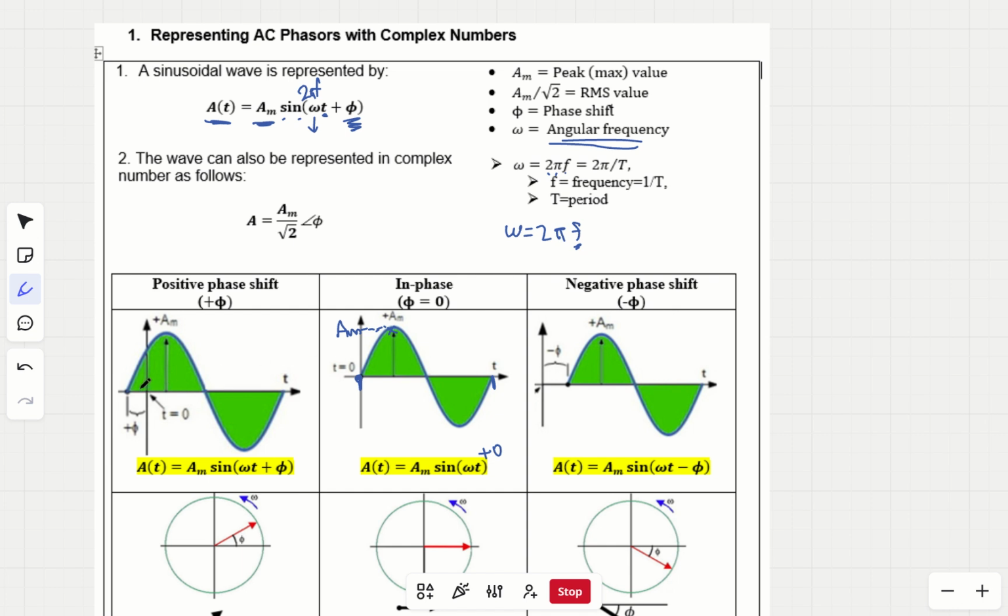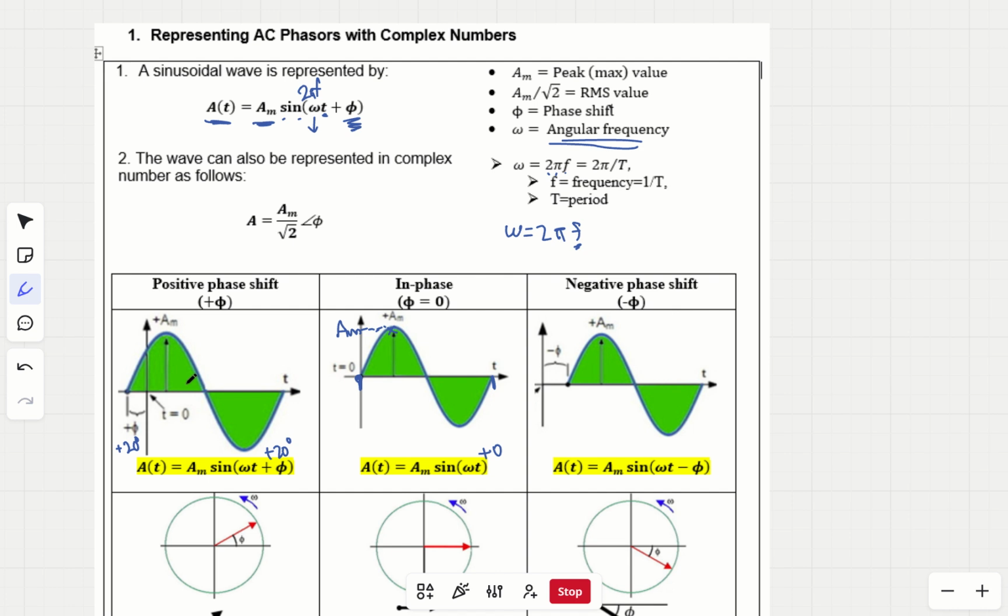But if the wave is shifted to the left, if it starts earlier, then we say it has a positive phase shift. So this is the angle here. For example, this could be around 20 degrees, so here you put plus 20 degrees.